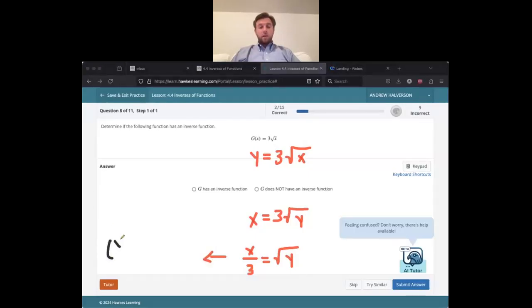So this becomes x over 3, squared. If we square both sides, let's just do this.